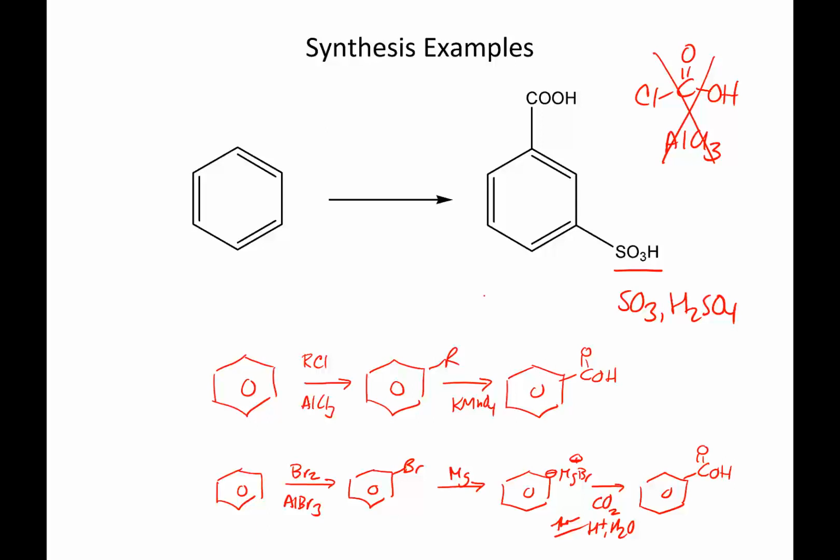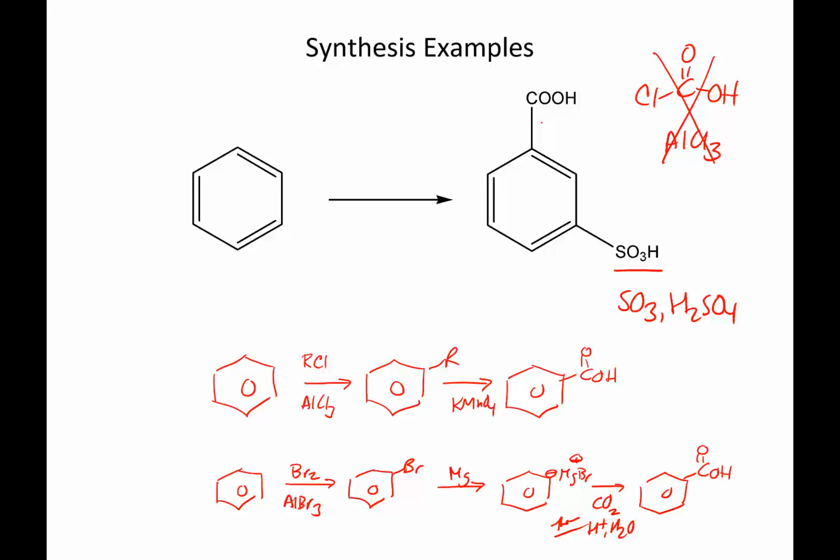But what if I was asking for the SO3H group to be para to the COOH? You might look at that and go, wait, both of those are meta directors. How do they end up para? Jacob? Well, can't you add the SO3H group to one of the intermediates, and then finish the reaction?